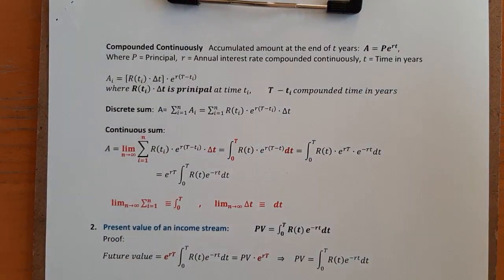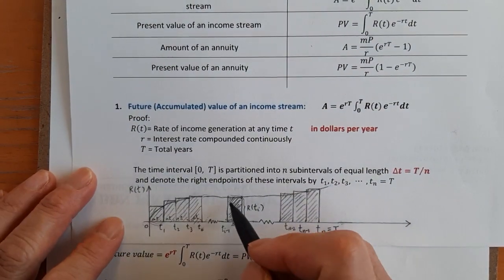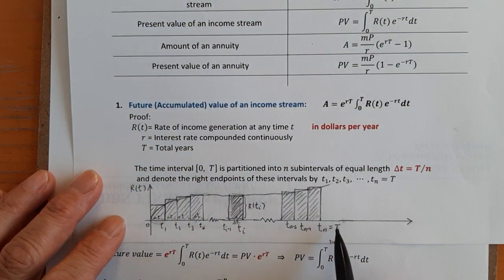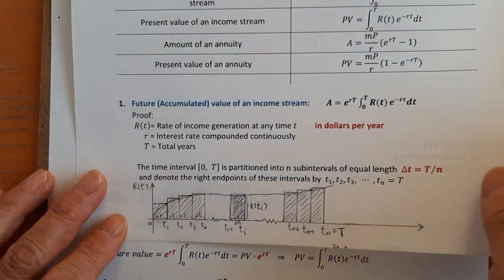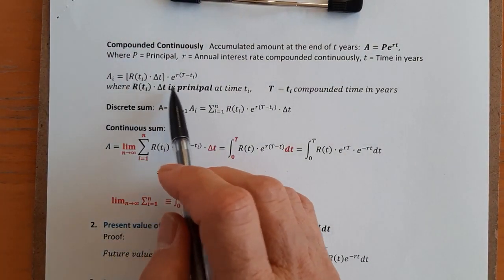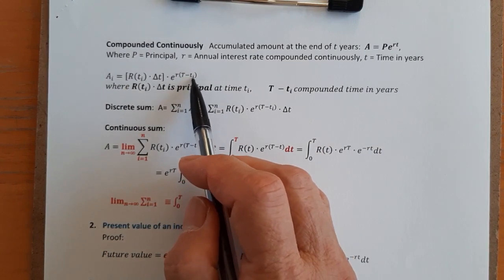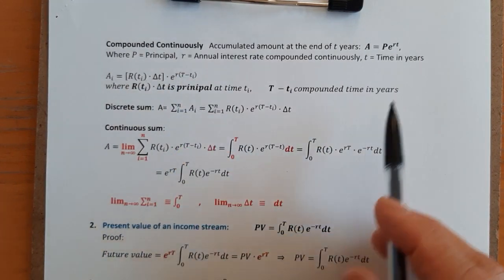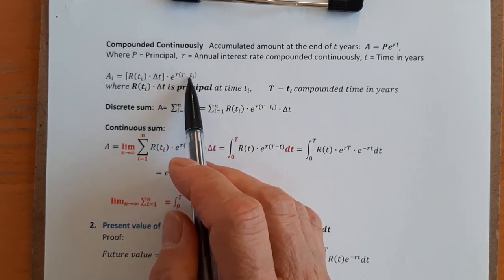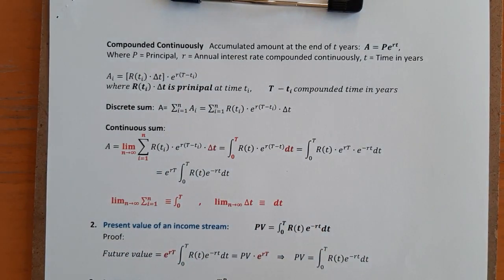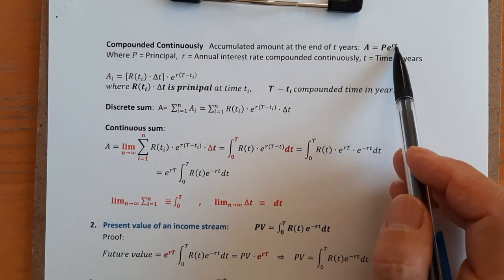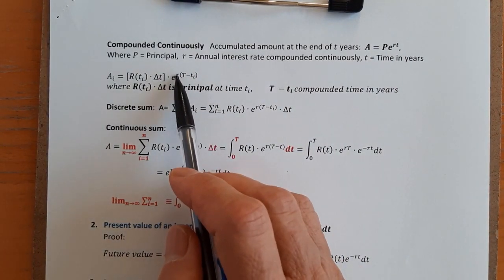At this period of time, up to capital T years, from small ti to capital T is total capital T minus ti years, and we plug into this formula for t. The interest rate is r.